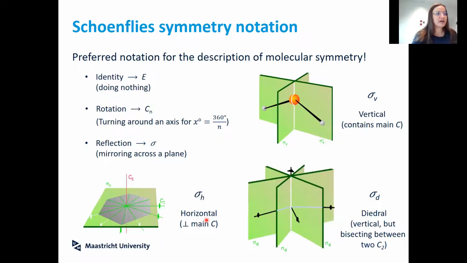And then you have the other one, which is the sigma d. This is rather complex to visualize, but basically it's like a sigma v. But what you want is that you bisect between two C2 axes. So you can see here in the drawing, you have a C2 axis, a C2 axis, a C2 axis, and your sigma d is in between of this.